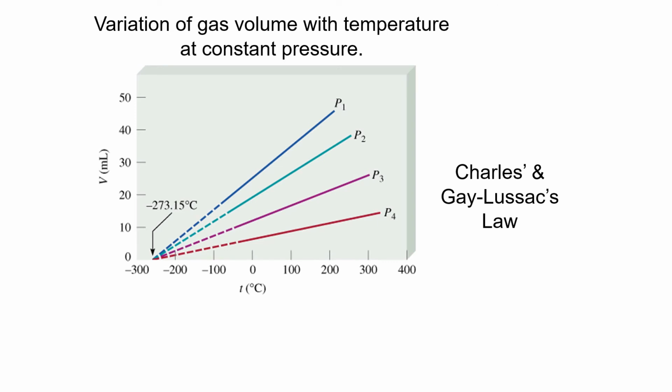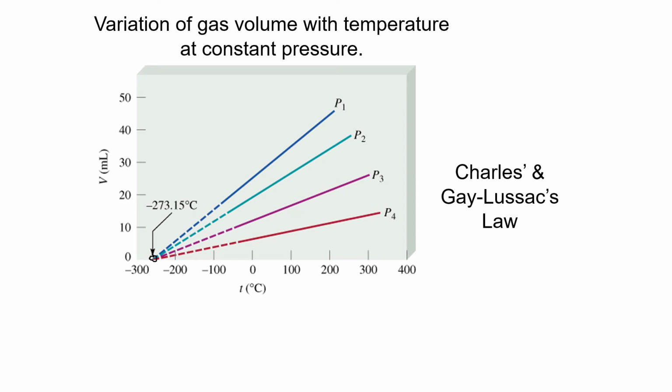These are actually different volumes and temperatures, but what's important here is where these, if you extrapolate this data down to the x-axis, they all merge at negative 273.15 degrees Celsius, which is what? 0 Kelvin.